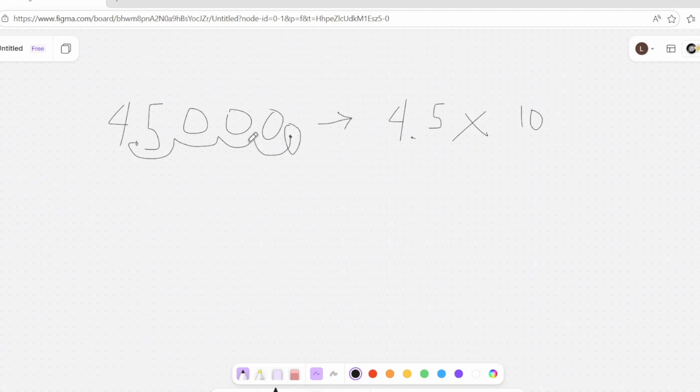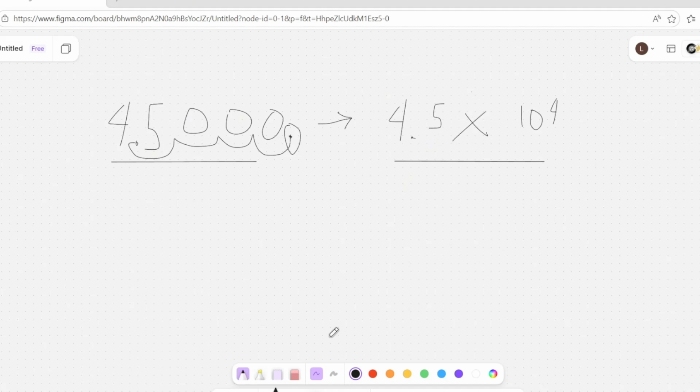Based on this, 1, 2, 3, 4. This corresponds to the exponent that we will apply on the 10. This signifies that the decimal point moved 4 decimal places in achieving this scientific notation, and by doing so, this value and the scientific notated form are the same.